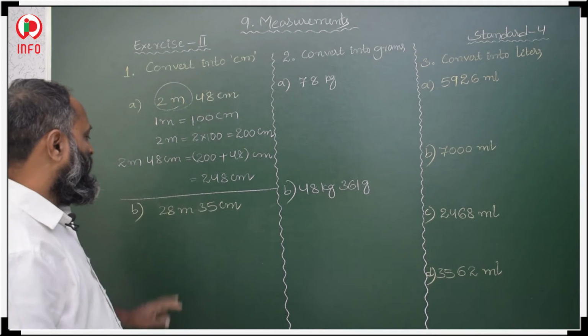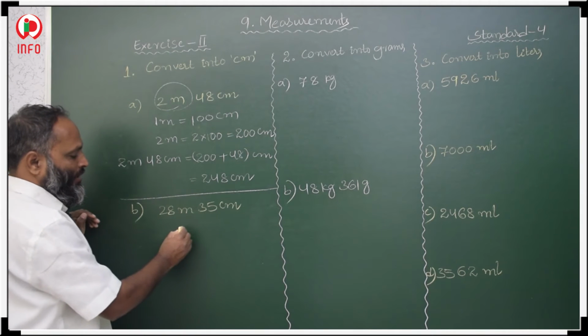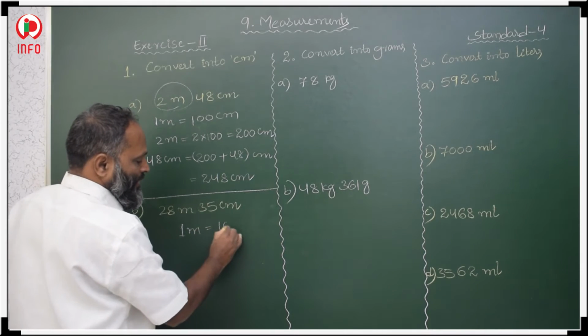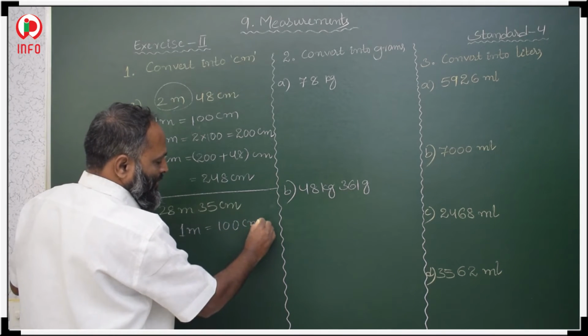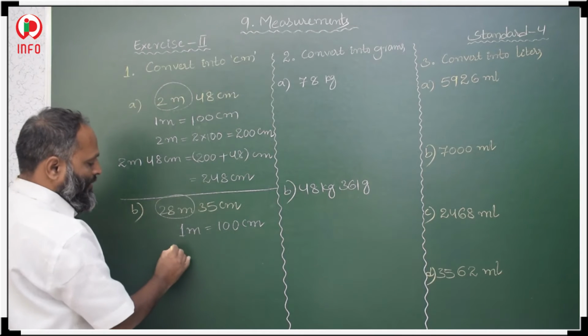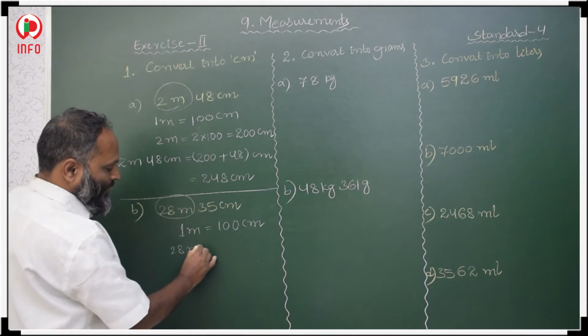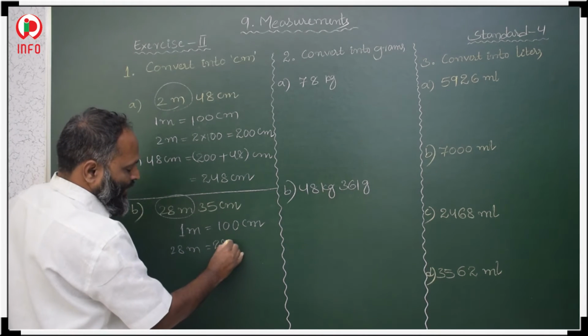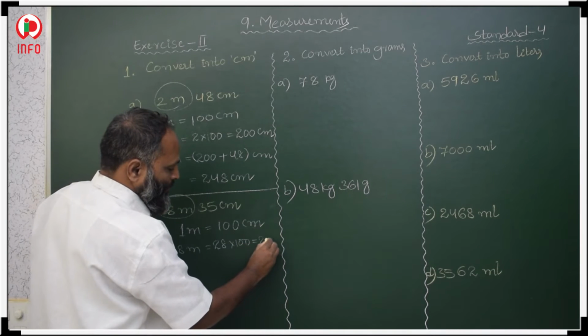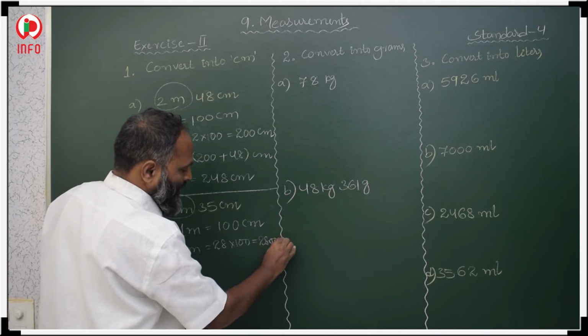Okay. Now here again meters and centimeters. Again 1 meter. 1 meter is equal to how many centimeters? 100 centimeters. Now here 28 meters are given. So 28 meters is equal to 28 into 100, that is 2800 centimeters.